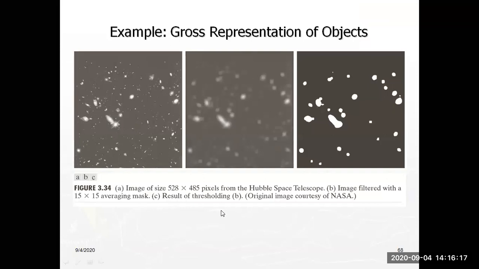Next, another example. My image is 520 by 485 pixels from the Hubble Space Telescope. Here the image is filtered with a 15 by 15 averaging mask. Already I told you the mask is used for two purposes: one is blurring, another is removal of noise.